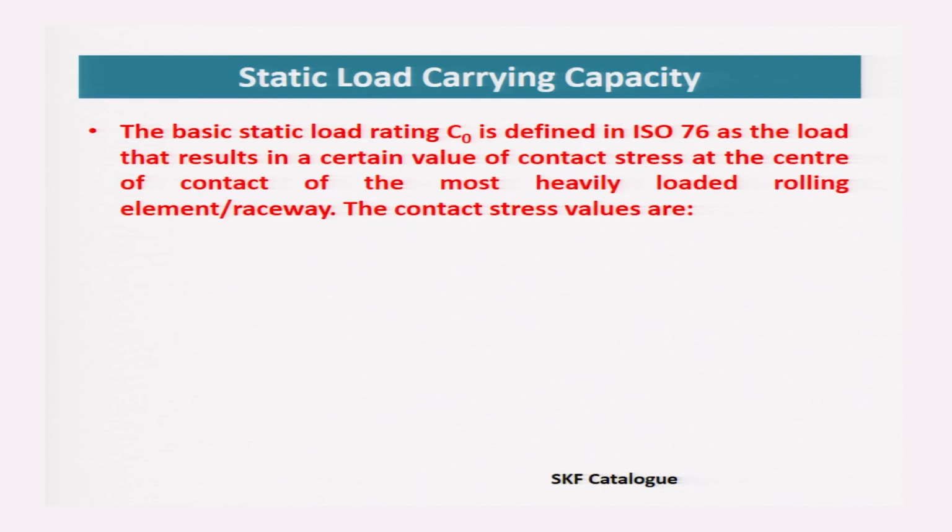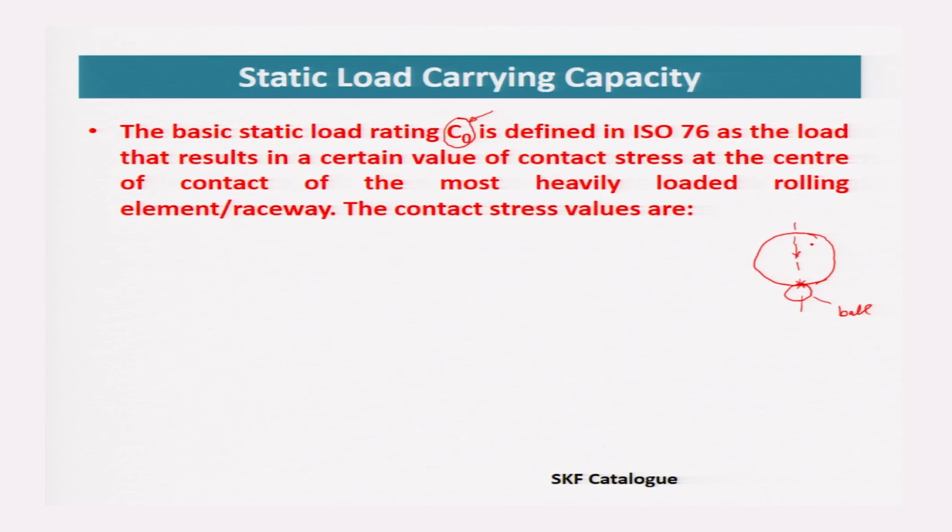The basic static load rating is given as C0. So, this is the static load carrying capacity. So, on the heavily stressed point of contact, this is the ball or roller, this is the heavily stressed point of contact.